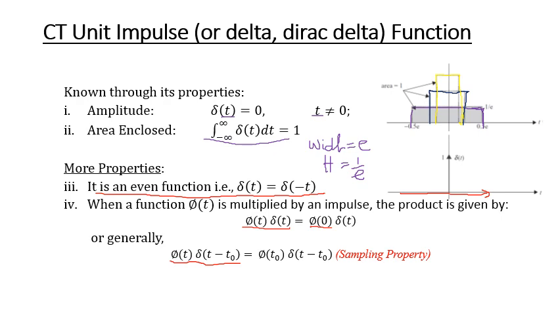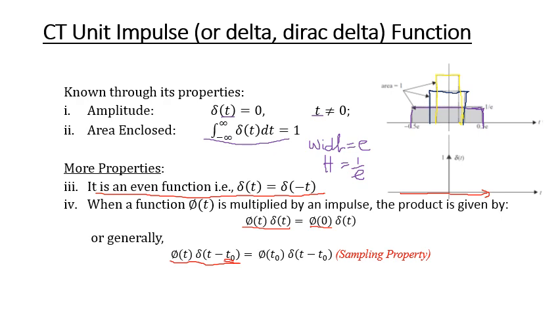So you understand, if you can recall the operations on the independent variables, we had 3 operations: scaling, shifting, and reflection. So this equation shows the shift operation.